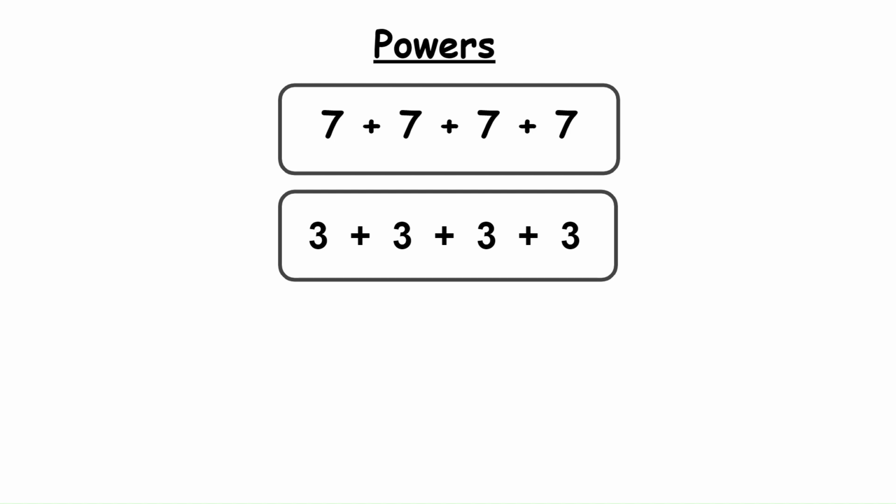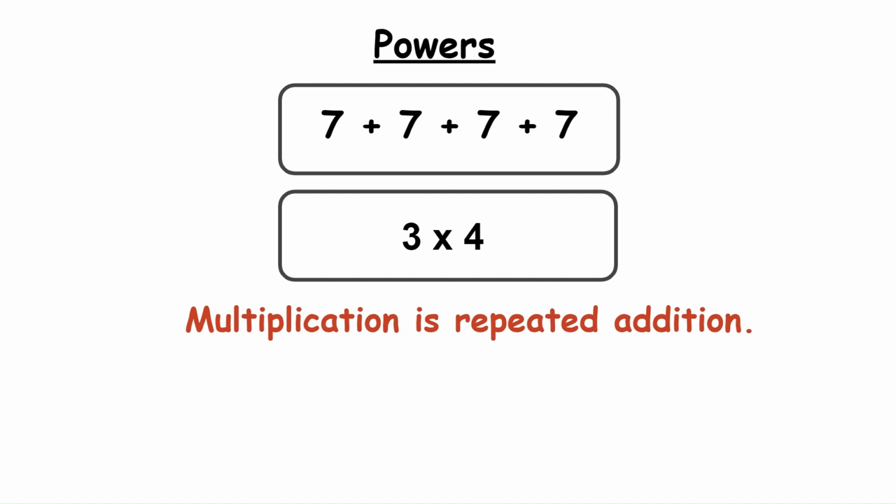If I were to ask you to write this in a shorter way, you would, of course, say 3 multiplied by 4. So multiplication, again, is a command. It is asking us to add our first factor a certain number of times. And that certain number of times is our second factor. So that's what multiplication is. It is repeated addition.